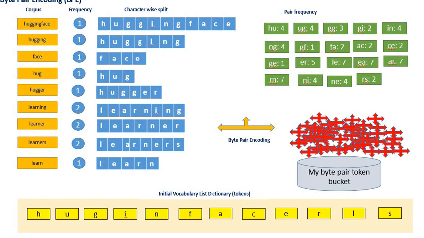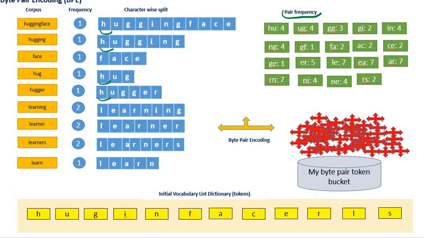Next, once the character split is done, we have to find the pairwise frequency. As I mentioned, byte pair encoding does pairwise frequency over a big corpus. So in this pairwise count, how many times is HU used? 1, 2, 3, 4.